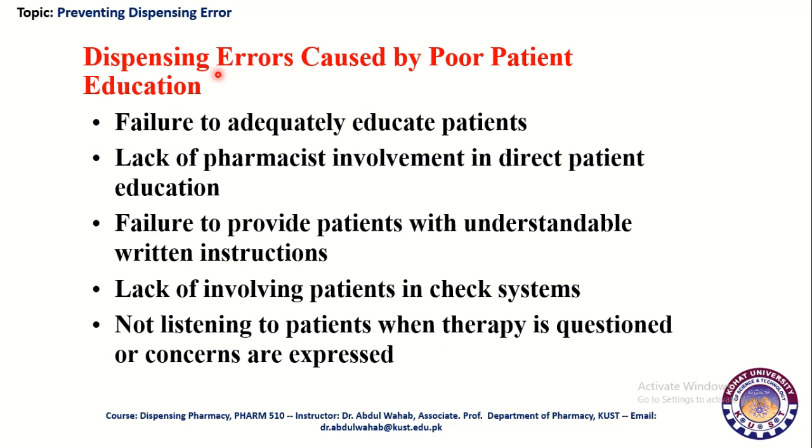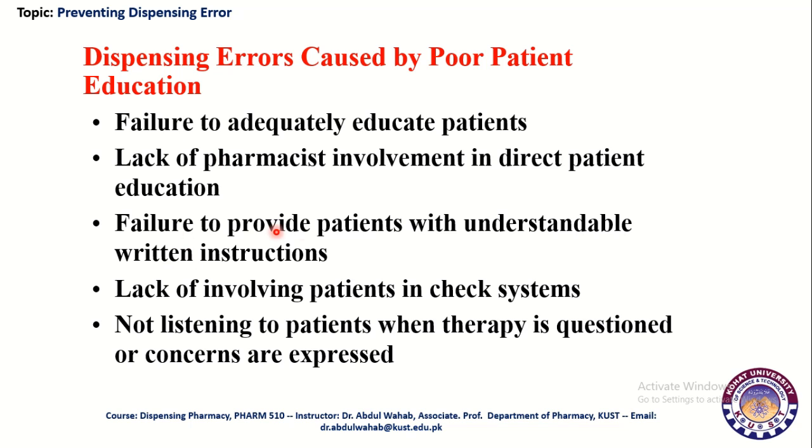Similarly, dispensing error caused by poor patient education, failure to adequately educate patients. If there is failure to properly educate the patient, then there will be chances of dispensing error. Lack of pharmacist involvement in direct patient education. It is a must for the pharmacist to engage himself or herself with the patient.